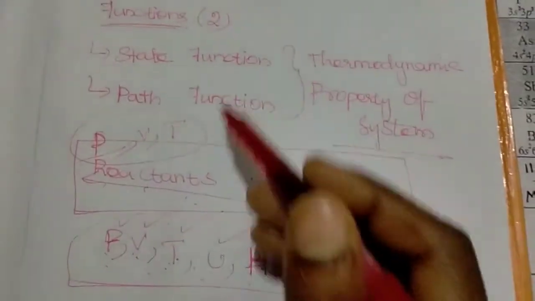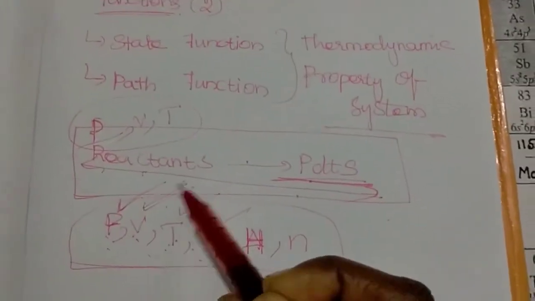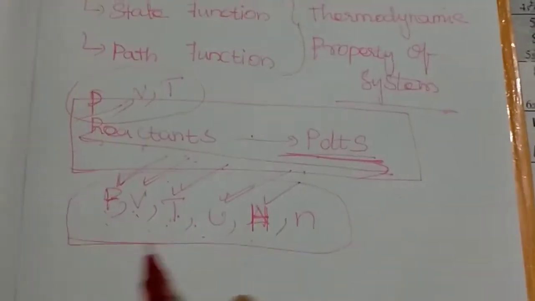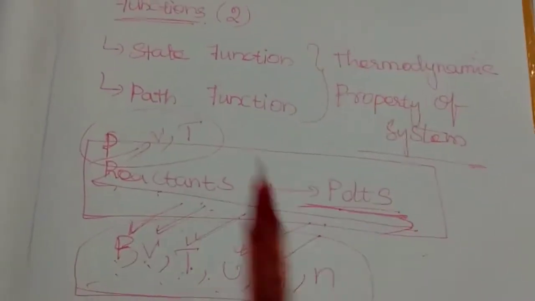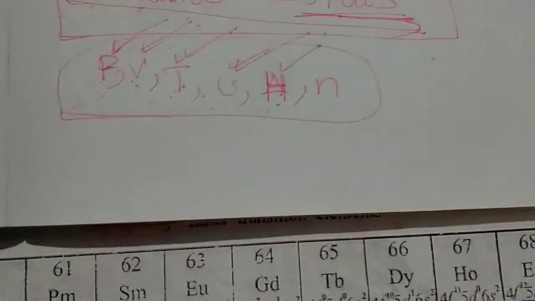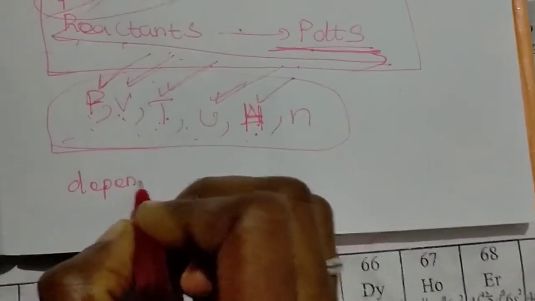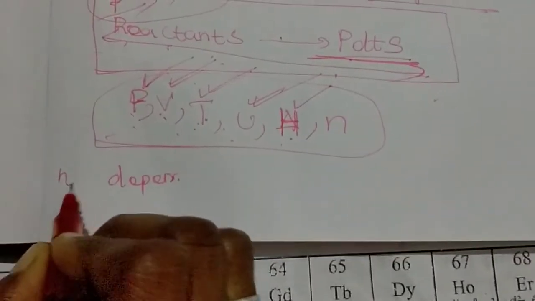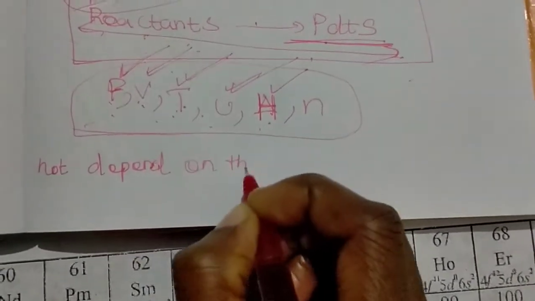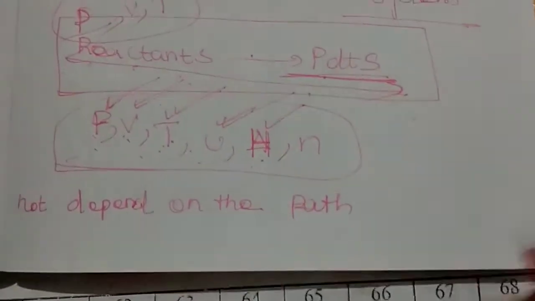What are the state functions? We know pressure, volume, temperature, internal energy and enthalpy. These variables are examples of state functions. State function variables do not depend on the path, that means the full reaction.